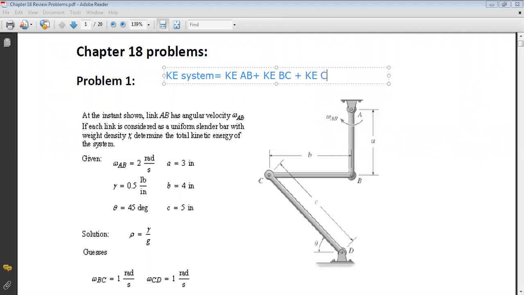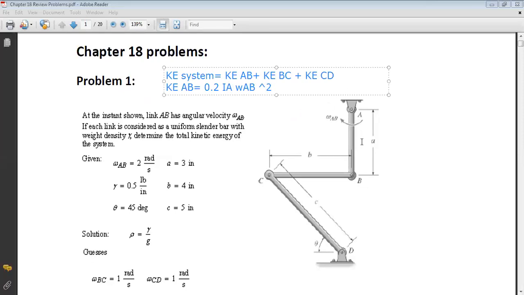Okay? To start by AB, for the kinetic energy of AB, I can write it as half IA omega AB squared.